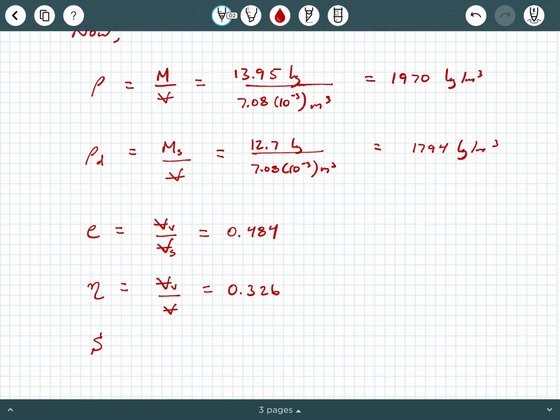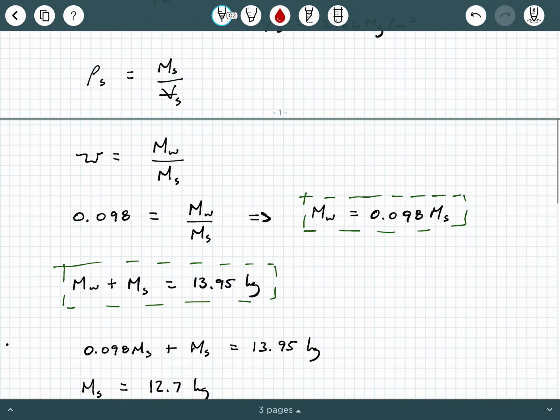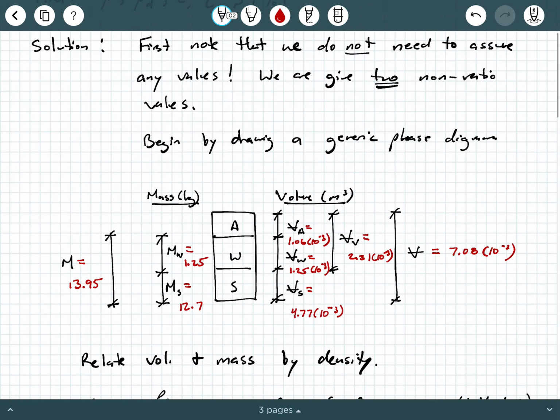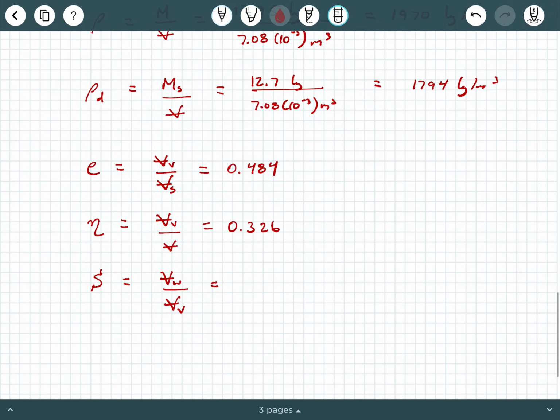And then we need the degree of saturation. So what is the definition of the degree of saturation? That is the volume of water divided by the volume of voids. Again, it's how much of the void space is filled with water. And so we can look at our phase diagram. We have all the numbers there. We say volume of water divided by volume of voids, and we get about 0.54, but the problem did state we want it as a percentage.